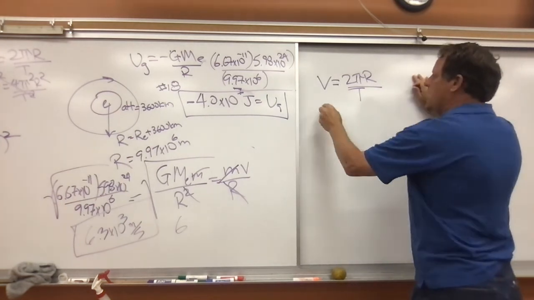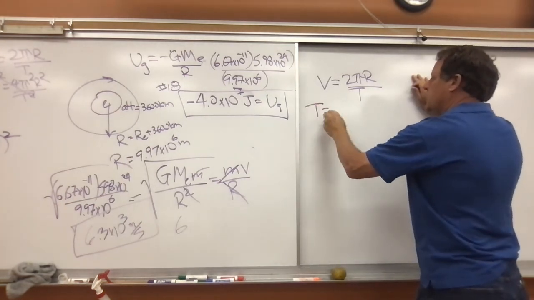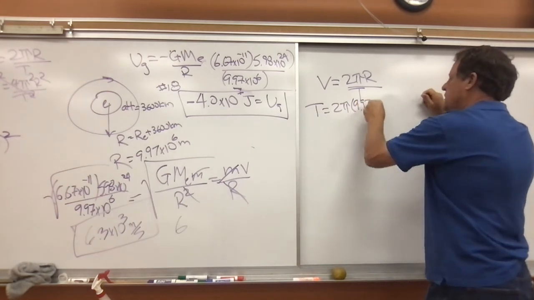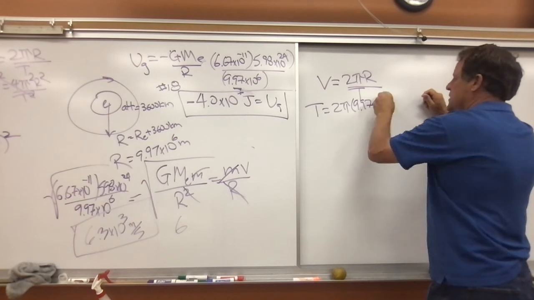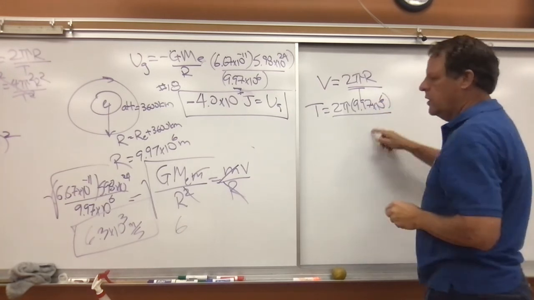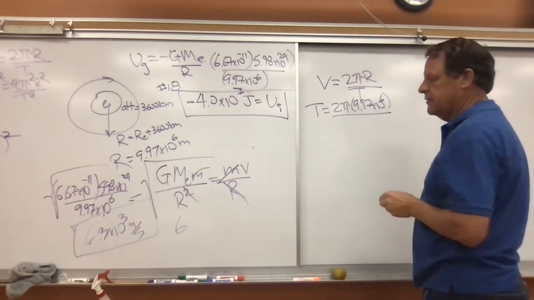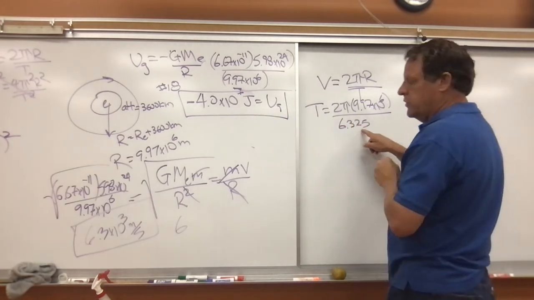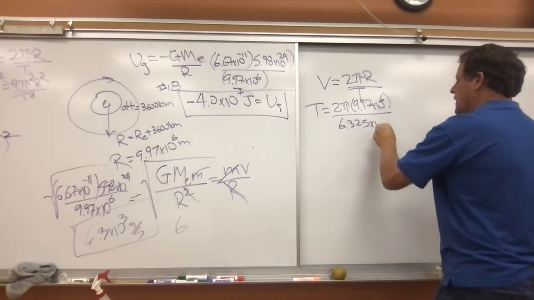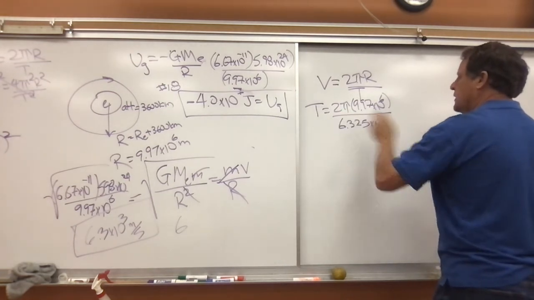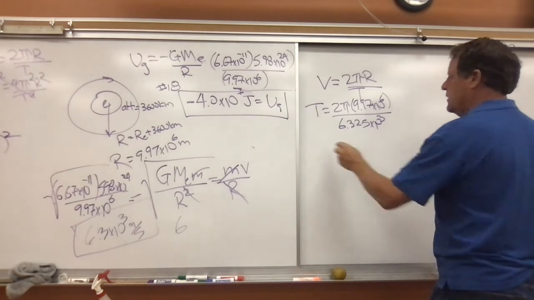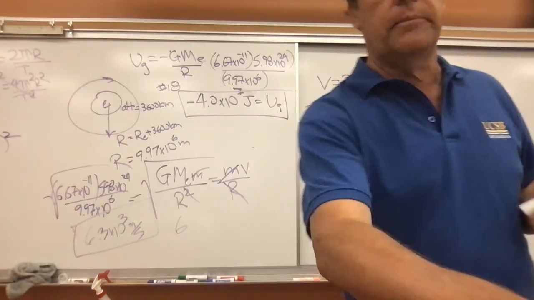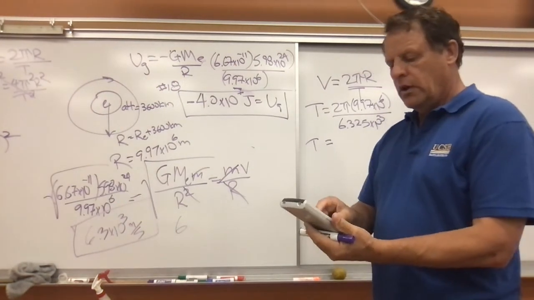And we know that the radius is 9.97 times 10 to the 6th, and we now know that the velocity is 6.325 times 10 to the third, and this will give us our period.